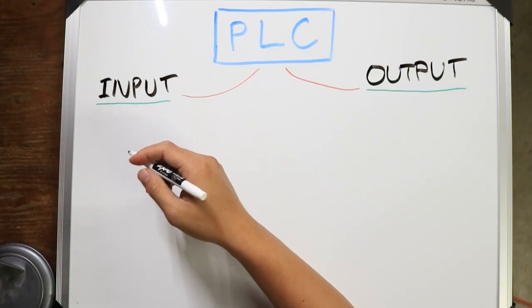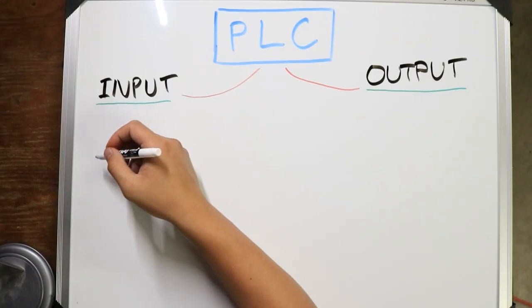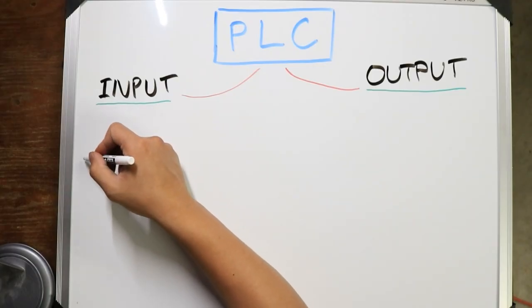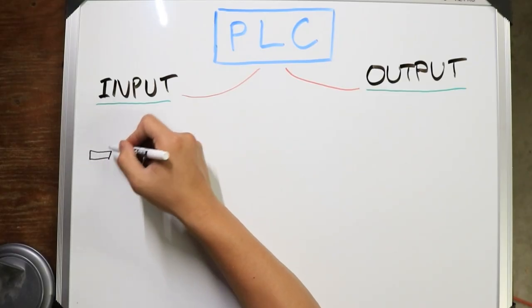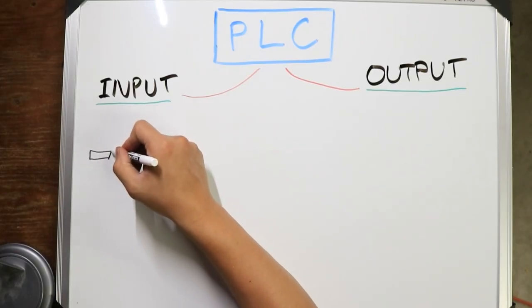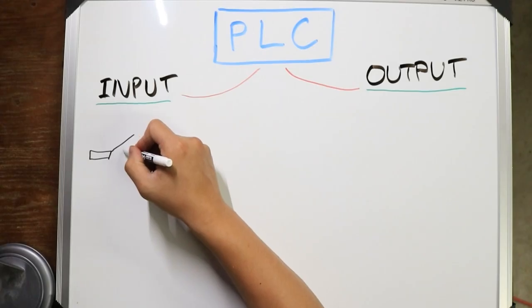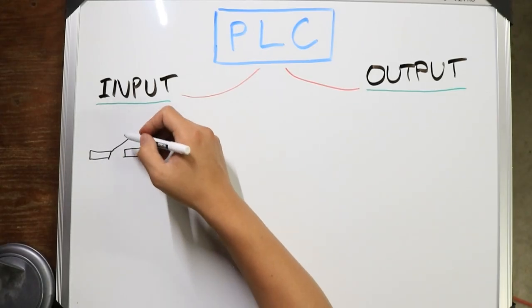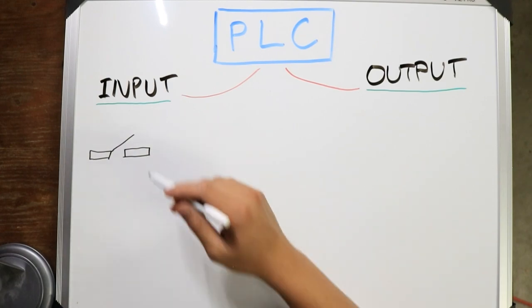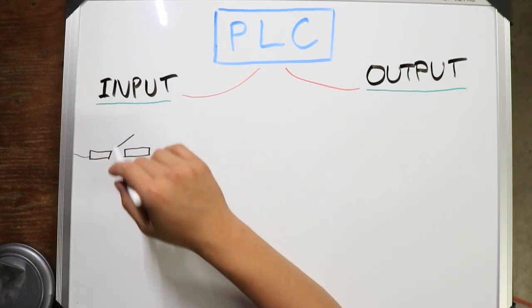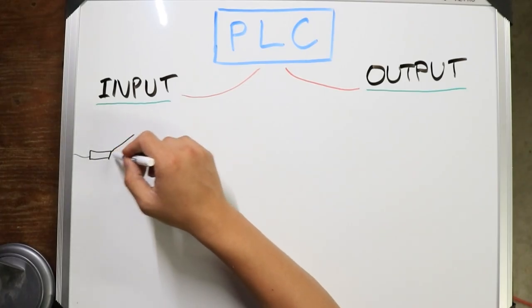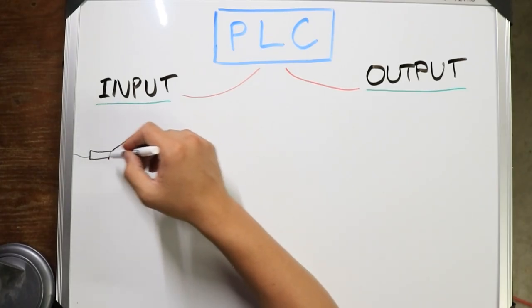We usually call them switches. Let's say we have something called a limit switch, very popular. It's usually like this, like a bridge, however you want to draw it. Currently it's in its off state. As you can see, there's no continuity. This is currently off.